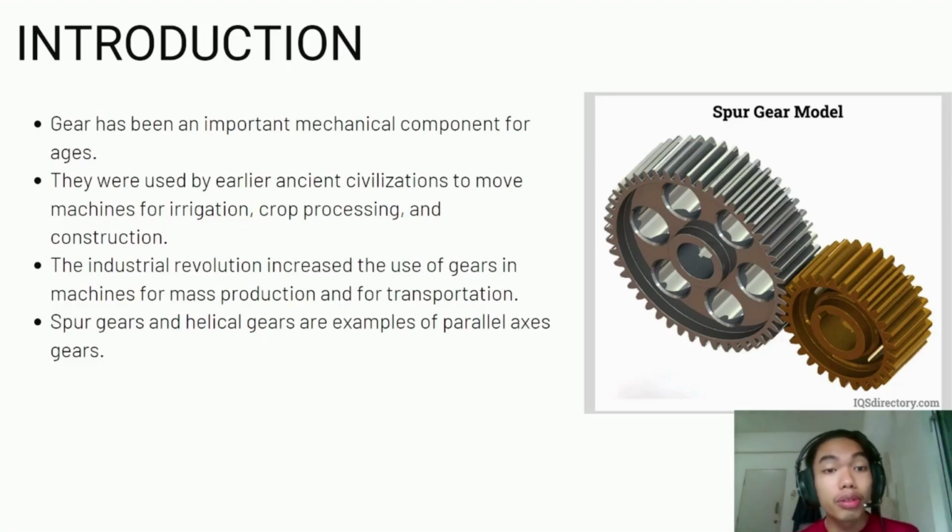The Industrial Revolution that we all know increased the use of gears in machines for mass production and for transportation. And the examples for parallel axis gears are such as the spur gears and helical gears. So at the right side is the image example for spur gear model.